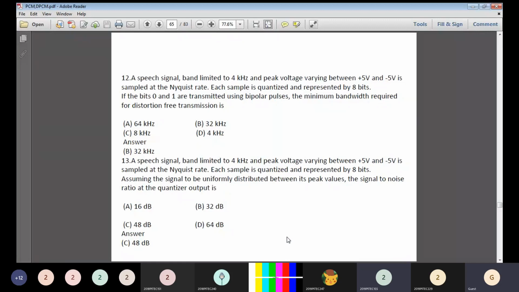Next problem. A speech signal band limited to 4 kilohertz and peak voltage varying between plus 5 volt and minus 5 volt is sampled at the Nyquist rate. Each sample is quantized and represented by 8 bits.